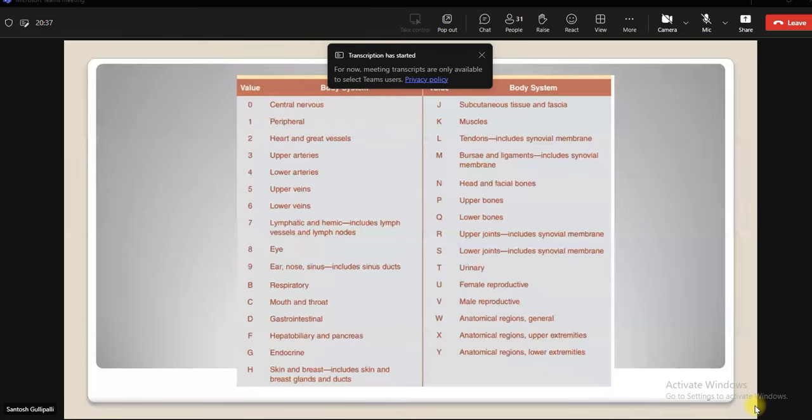For example, total abdominal hysterectomy. What is meant by hysterectomy? Removal of uterus. Okay, so what is the body system? Female reproductive system.